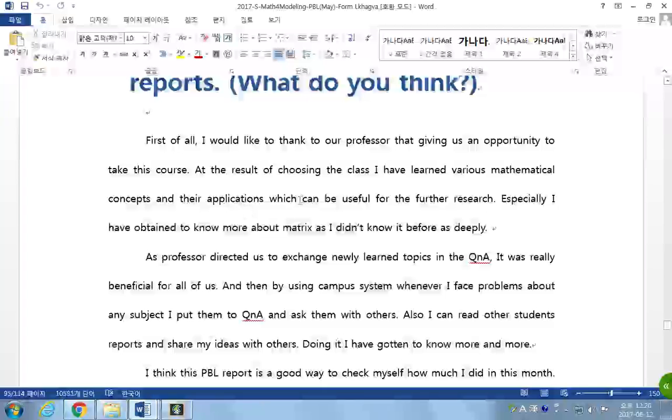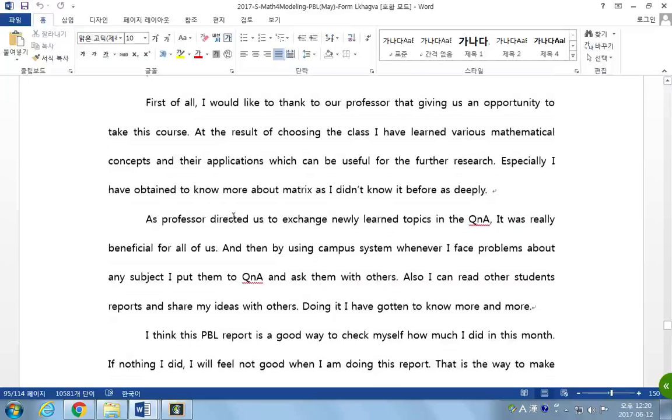As a result of choosing the class, I have learned various mathematical concepts and their applications, which can be useful for future research. Especially, I have come to know more about matrices, which I didn't know as deeply before.